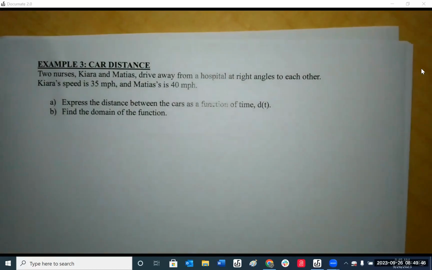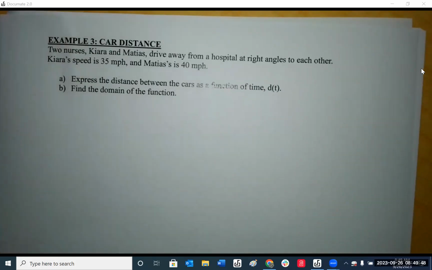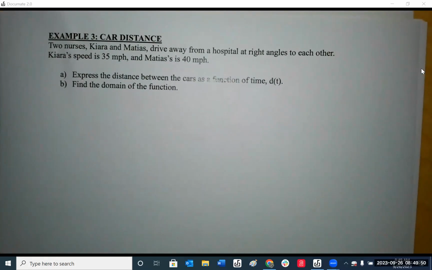All right. Here's this problem. Two nurses, Kiara and Mateus, drive away from a hospital at right angles to each other. Kiara's speed is 35 miles per hour and Mateus is 40 miles per hour.